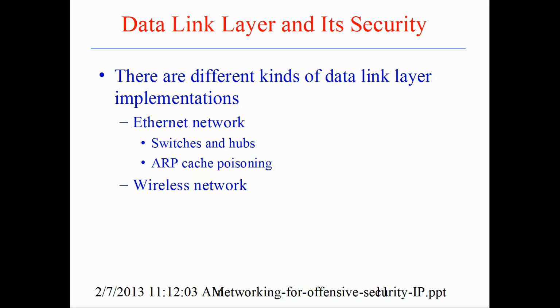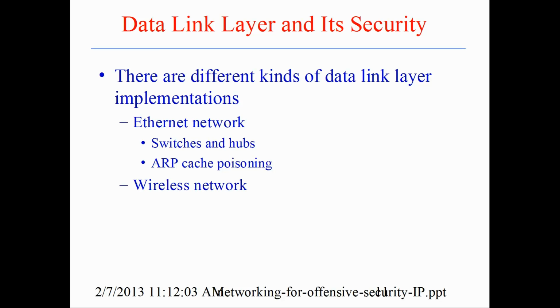So, past the physical layer and any initial vulnerabilities or default vulnerabilities in the hardware itself, there are two different kinds of data link layer implementations. There's the wireless network, and then there's the Ethernet network. And that's usually coordinated by switches and hubs.